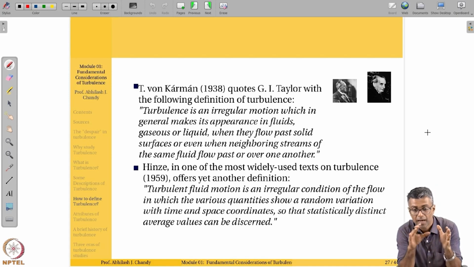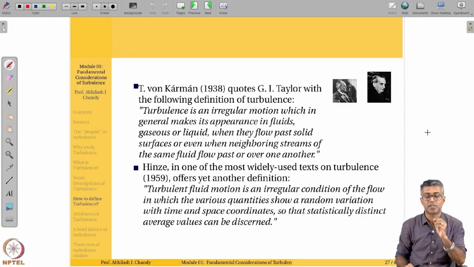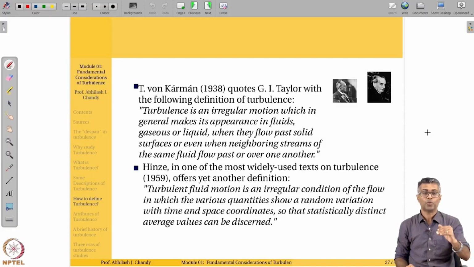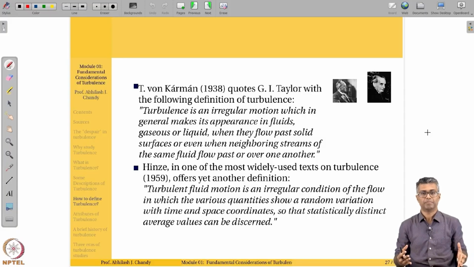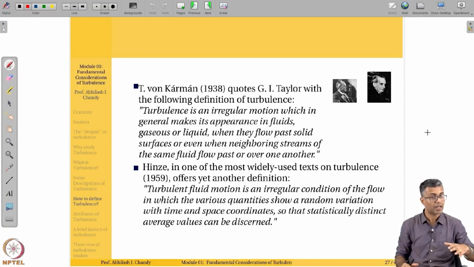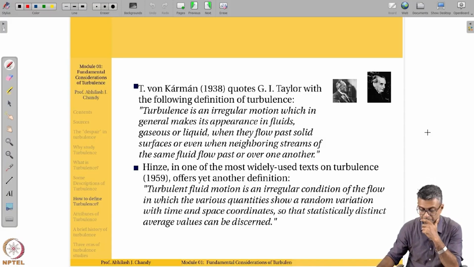But the last part of the definition also talks about how statistically distinct average values can be discerned. So even though it is random, we can actually get definite average values. Average values that are not random. Random values with space and time, but average values which can clearly be discerned. So that was his definition.